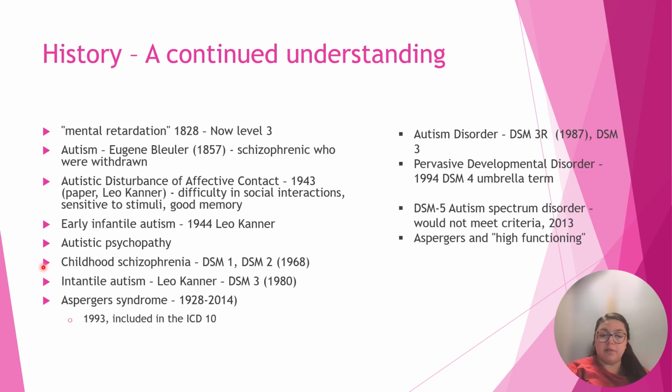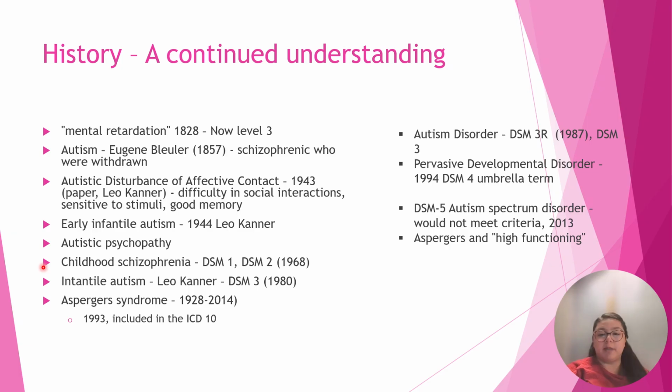It was first included in the ICD-10, which I believe is for billing and for being considered an actual diagnosis, in 1993. Autistic disorder was seen in the DSM-3 revised, first in 1987. Pervasive developmental disorder came in 1994, in the DSM-4, as an umbrella term to capture various developmental disorders.